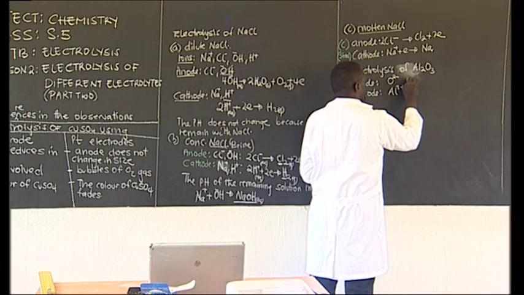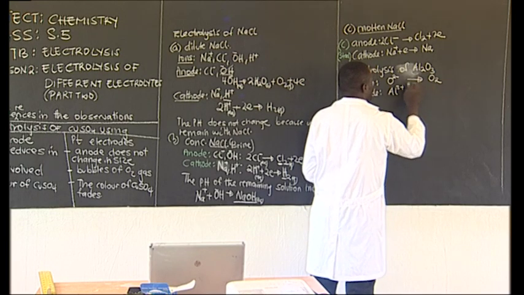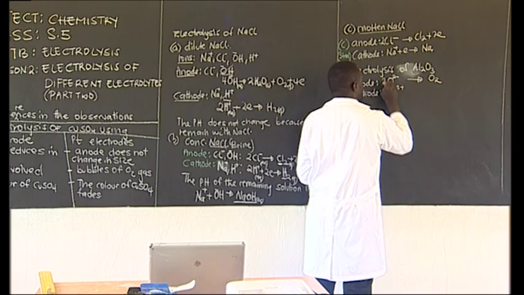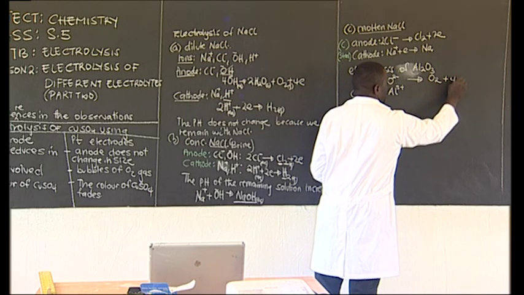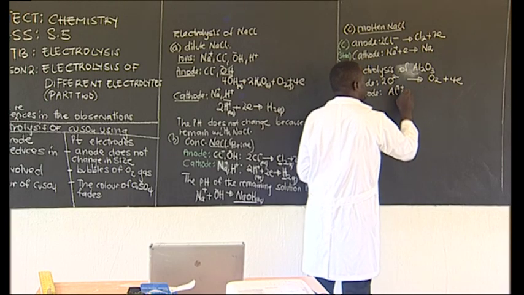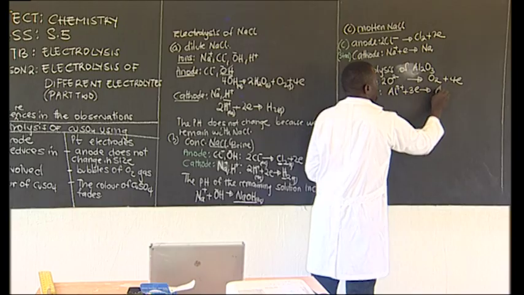If you want to produce oxygen, you put an arrow and put oxygen. You balance by putting a 2 here, it will become 4, then you add 4 electrons. Then here, because there are 3, we put 3 electrons to get our aluminium.